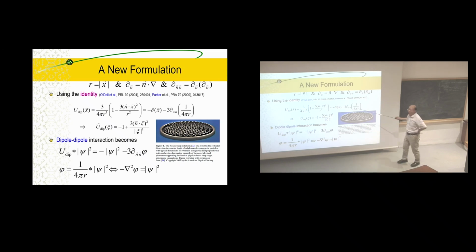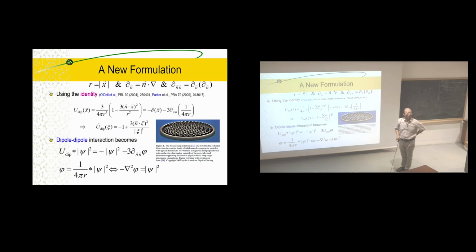Okay. From this formulation, you can see the Fourier transform is very easy. The Fourier transform of this one equals the Fourier transform of this one. For the delta function, the Fourier transform is 1. For the derivative, taking the Fourier transform gives n dot ξ, right? So for ∂_nn, you get this term. And this guy, 1 over 4 pi r in R3, is nothing but the fundamental solution of minus Laplacian.